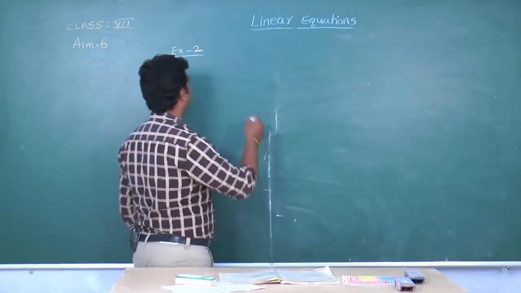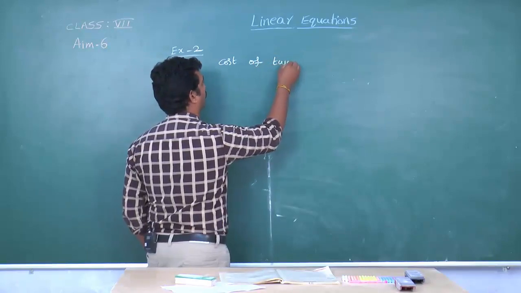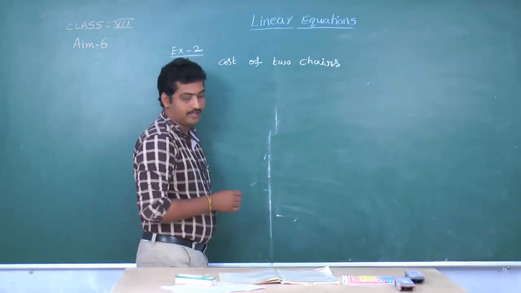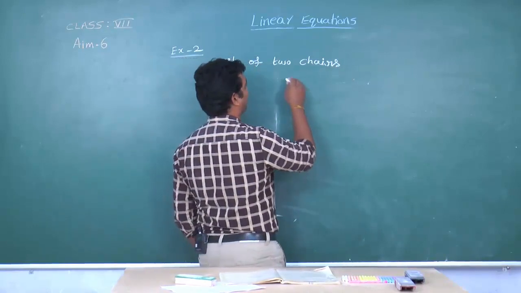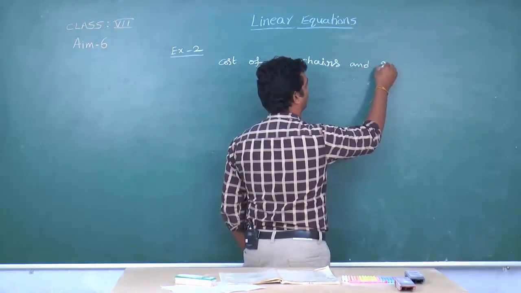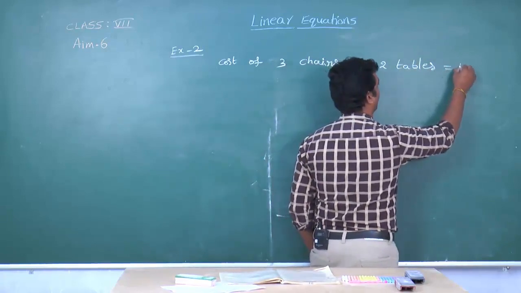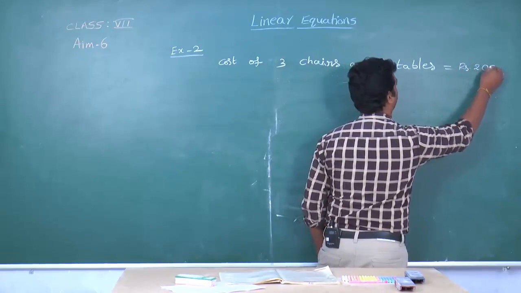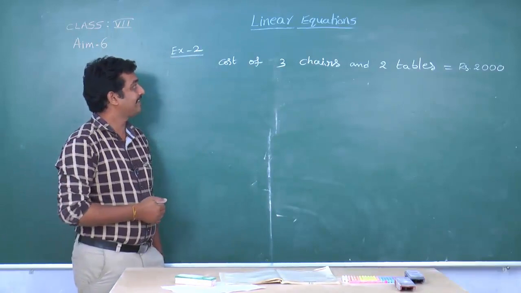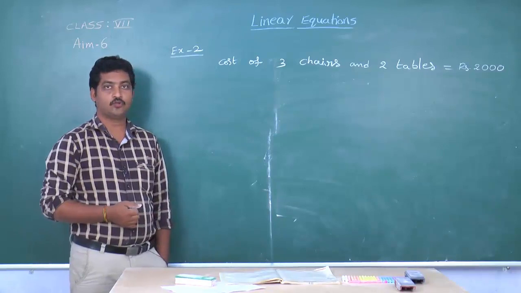The cost of 3 chairs and 2 tables is given as rupees 2000. Cost of 3 chairs and 2 tables is equal to rupees 2000.